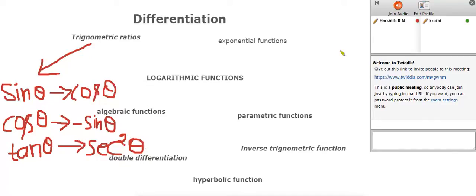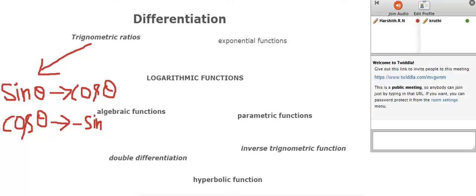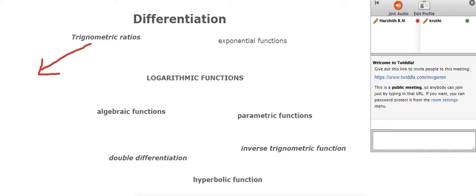For sine, the reciprocal is cosecant, for cos, the reciprocal is secant, and for tan, the reciprocal is cot. For that also we already derived the list. You have already been supplied with the differentiated trigonometric ratios list. Just for revision I put these 3. Those 3 you can explore more, and if you have doubts I will help.